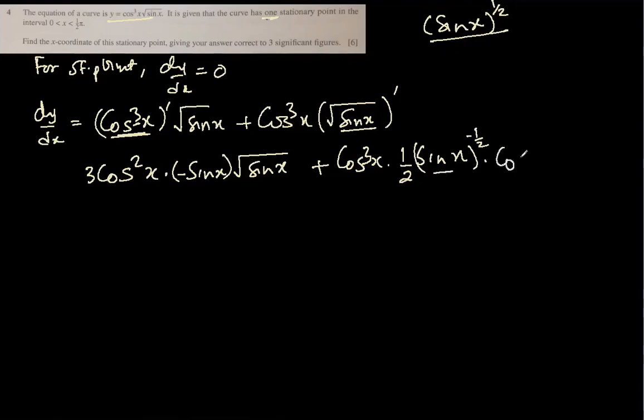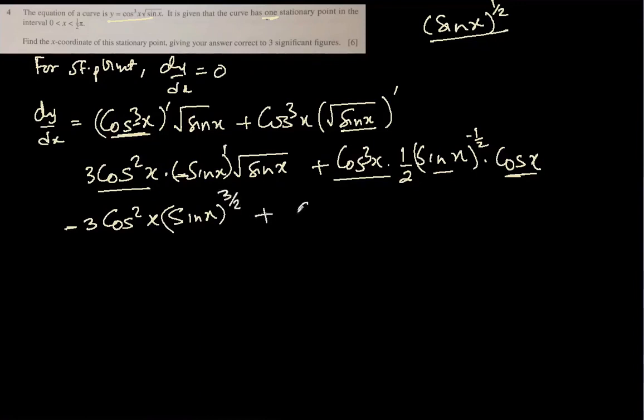So now we have a little complicated part here, but we can simplify this by taking something common. So cos square is here, cos cube is here, so we can take cos 4. Let's simplify, combine if we can combine things. 3 cos square x, and because of this negative, I will put negative in front, and sin x to the power, this is 1 and this is half. 1 plus half, 3 over 2, plus cos to the power 4x.